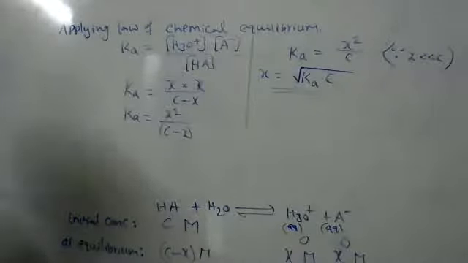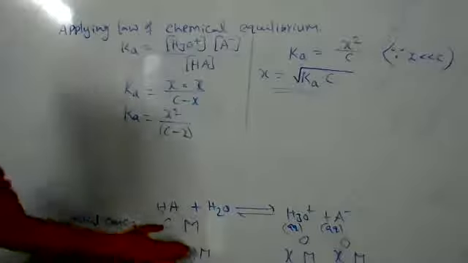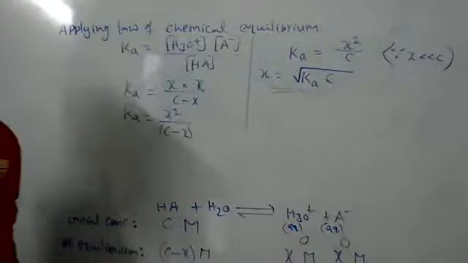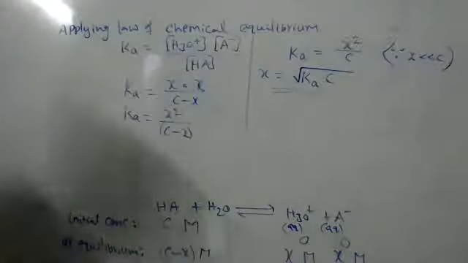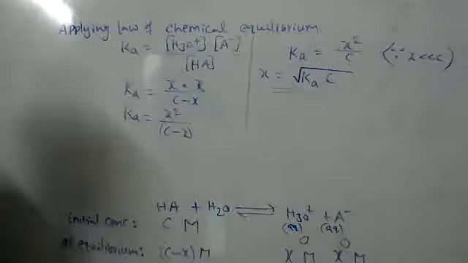Sir, once the acid gets fully ionized, then we can't use this expression, right? No, we can't use it. If it undergoes 100% ionization, then there is no need to explain; whatever concentration we take, the same concentration is obtained. So this equilibrium concept applies only for weak acids and weak bases.